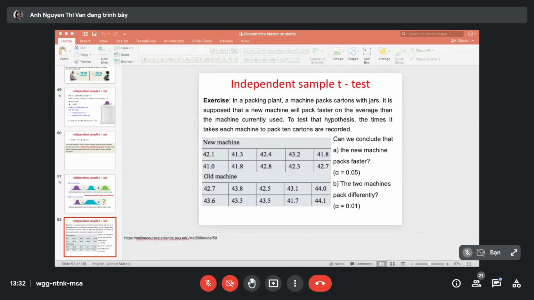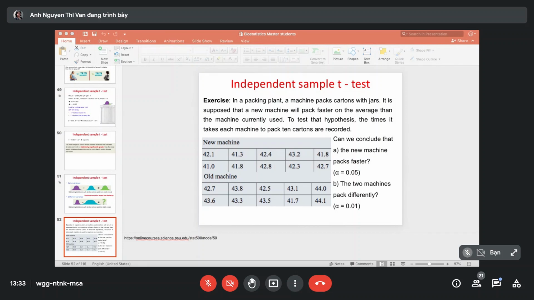Because my t star value is smaller than 0, my rejection region will be on the left side of the graph. I have alpha equal to 0.05, and my degrees of freedom is 18.